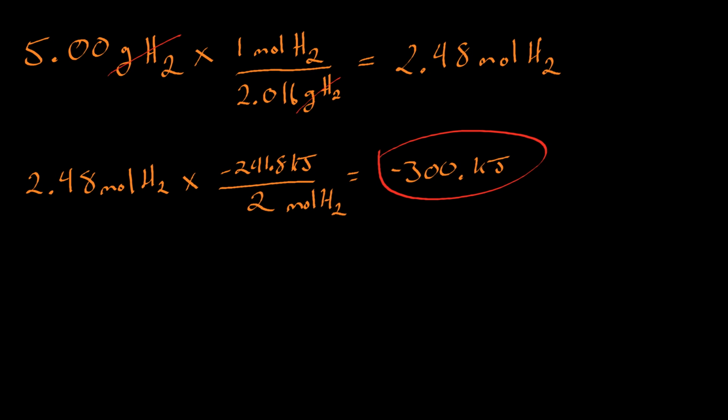That's per mole of reaction, which means stoichiometry time: for every 2 moles of hydrogen, which produces about 300 kilojoules of energy. Not kilojoules per anything, just 300 kilojoules of energy. That's how much is liberated by burning 5 grams of hydrogen.